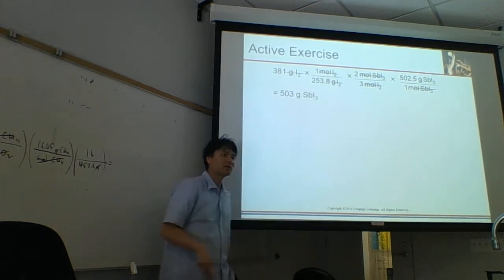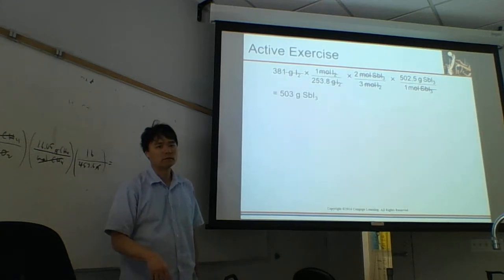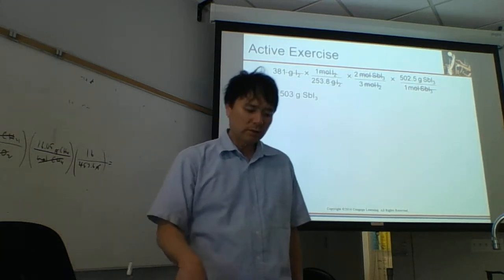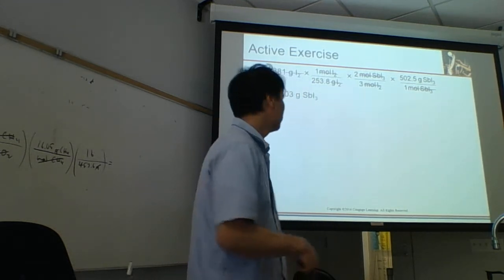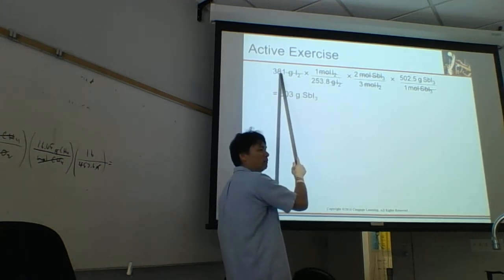So how many cookies am I going to make? 503? Yeah, 503. Because this is what's going to happen: I'll make 503, and I'm going to completely consume all of my ingredient B.